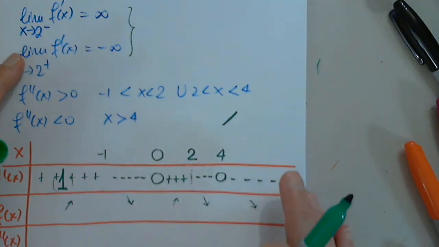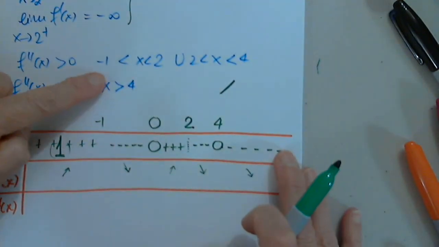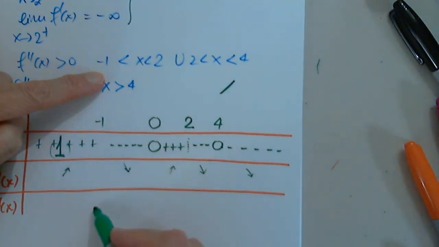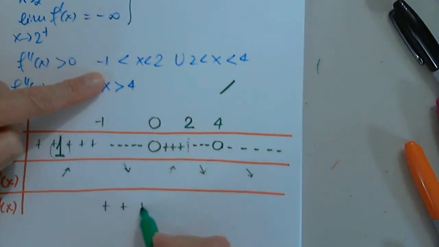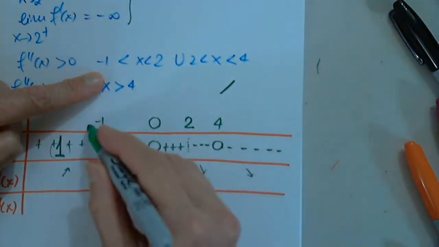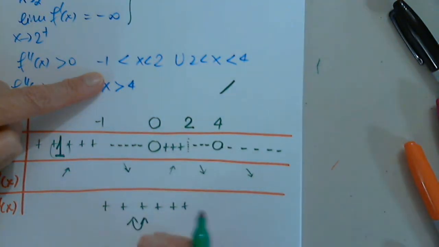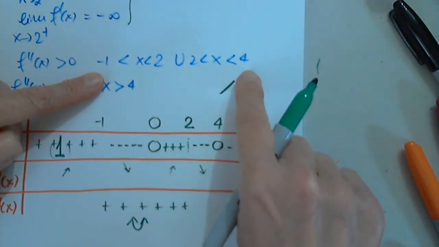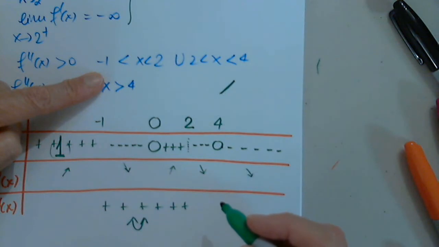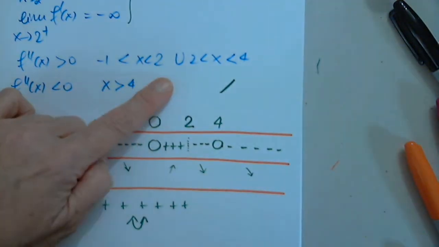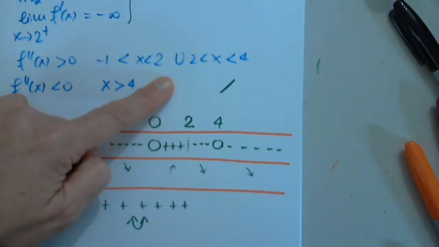Okay? Okay, so the second derivative is positive between -1 and 2, and also between 2 and 4. Is that correct? I did find some mistakes in this book.